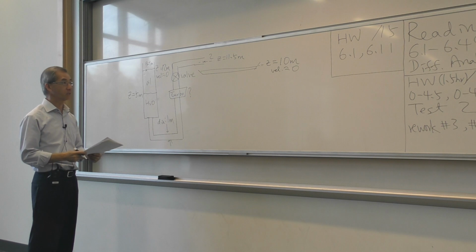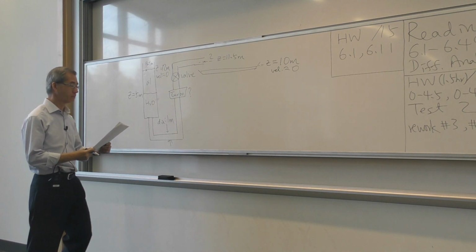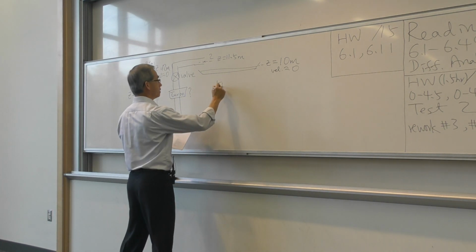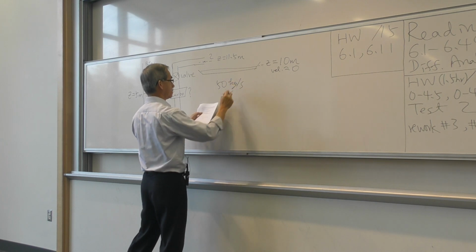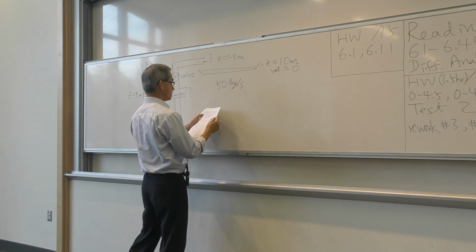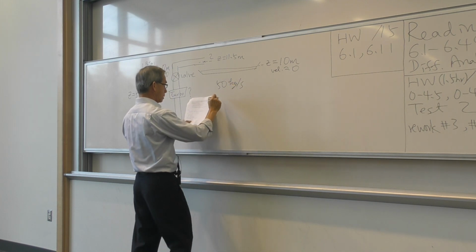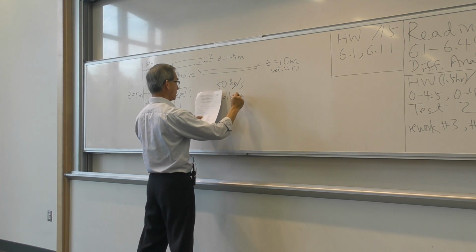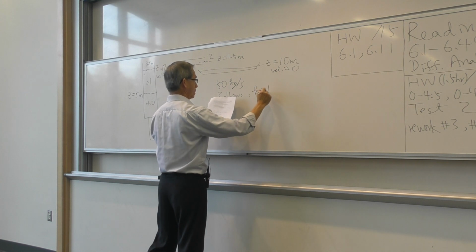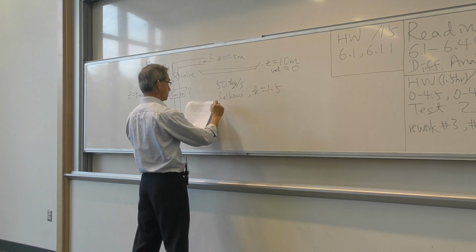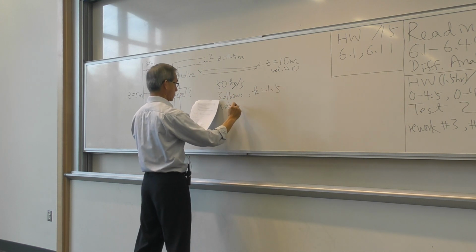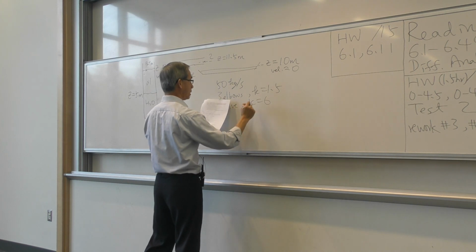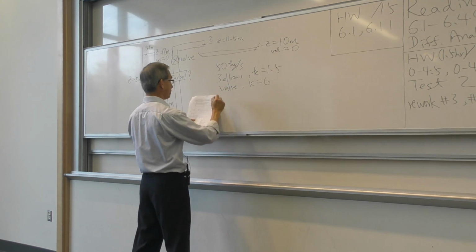So let me give you all the constants that you need to do the problem. Flow rate, 50 kilograms per second. All the minor losses are tabulated. So you will need this to complete your assignment.